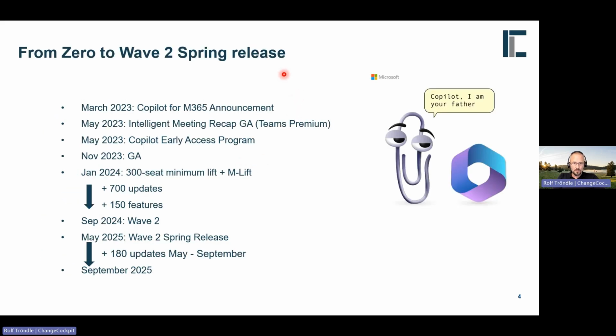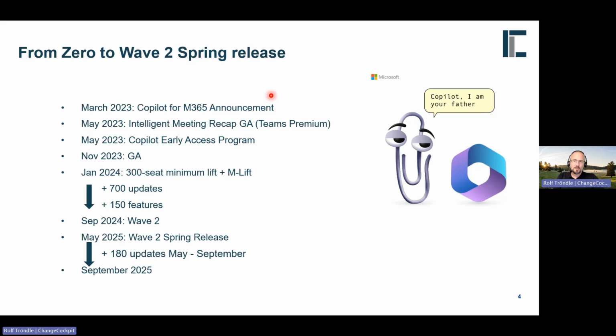So first one, from 0 to Wave 2, spring release back in March 2023. So 2.5 years ago, Copilot for Microsoft 365 was originally announced. Then afterwards in May, they released Intelligent Meeting Recap, which was part of Teams Premium.